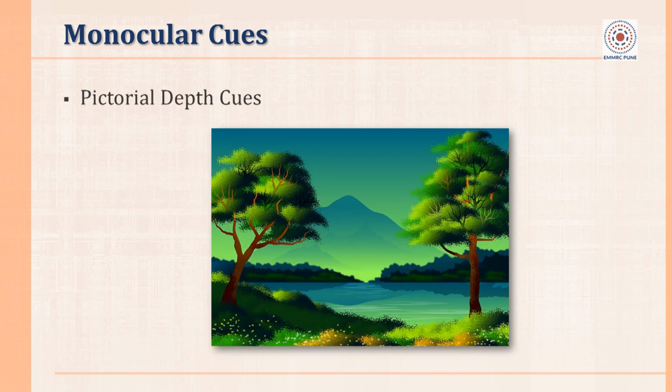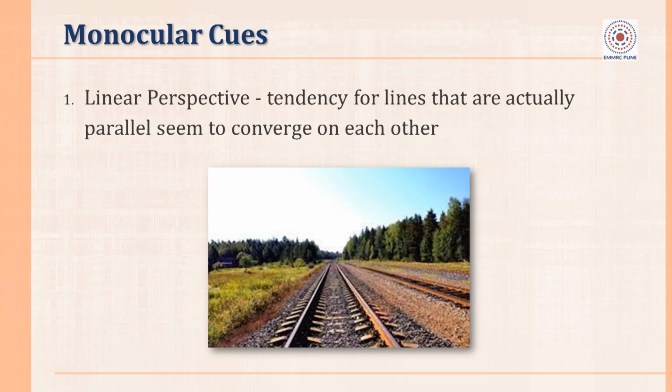Monocular cues are often referred to as pictorial depth cues because artists use these cues to give illusions of depth to paintings and drawings. Some examples of these cues are: first, linear perspective. Have you ever seen long railway lines or a long highway? Look at this picture.